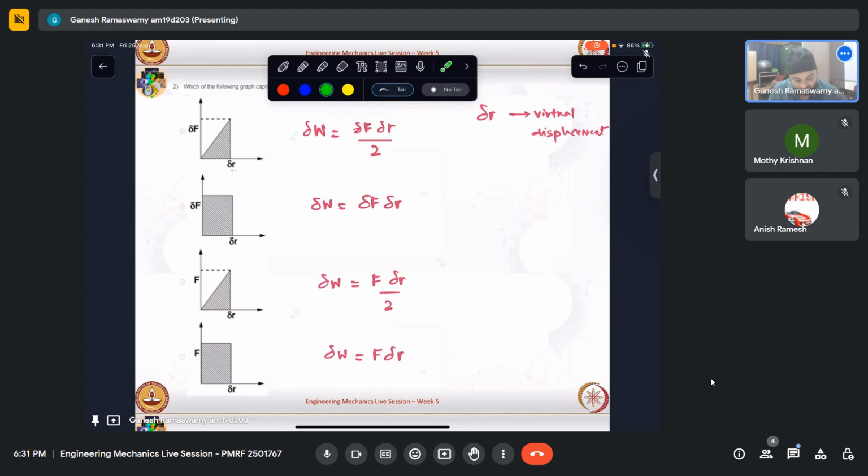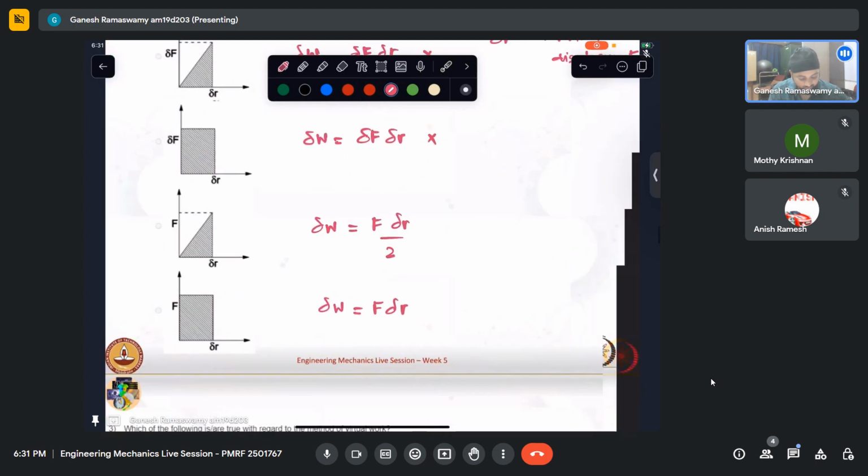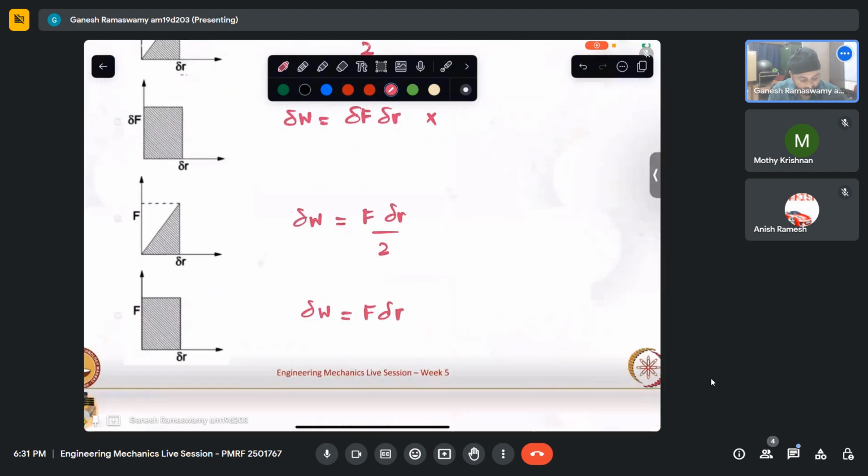So these two certainly cannot be the answers. Now coming to these two, what this implies is actual force, active force I should say, force has caused the virtual displacement.